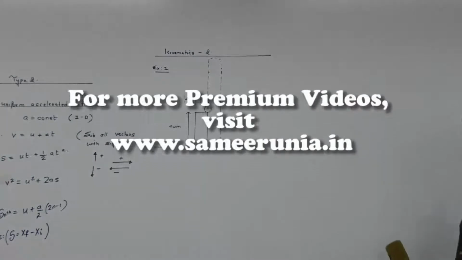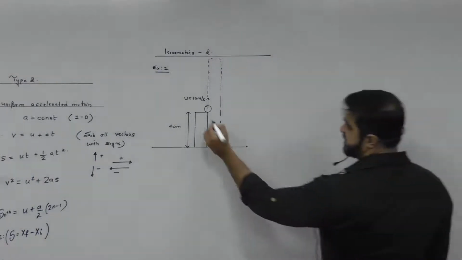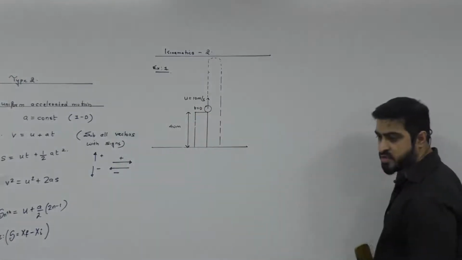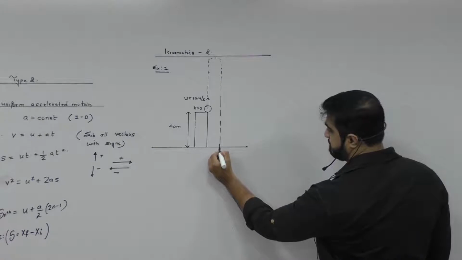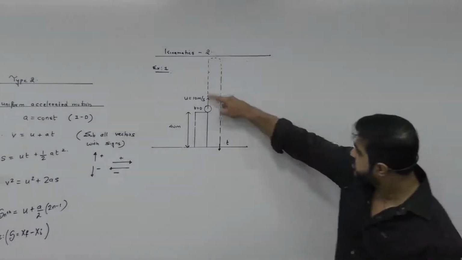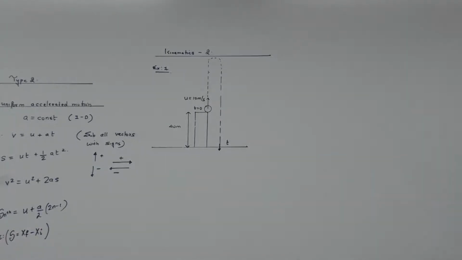Yes or no? This time is zero time. When you started observing, I want to find the total time from here till here. Getting it?